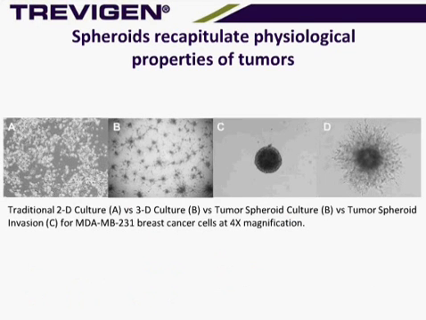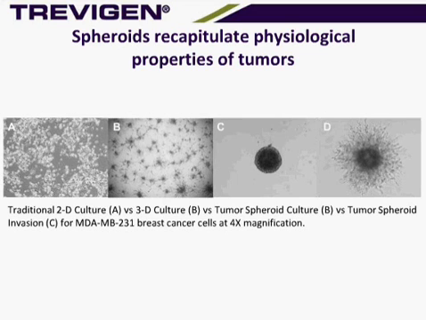Okay, this next slide represents basically just different cell models for the same cell line. These are MDA-MB-231 breast cancer cells. The first, figure A, is 2D culture, where the cells form a monolayer.